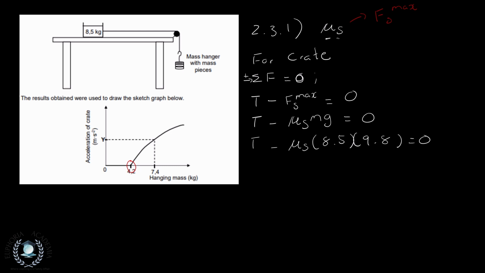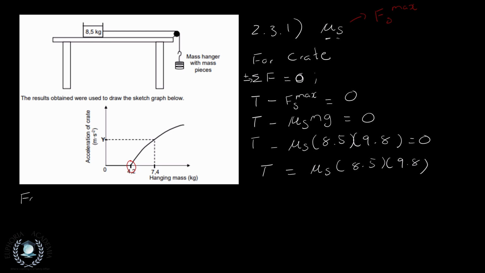We will find that our tension is equal to mu s multiplied by 8.5 times 9.8, which I think is fine. I'll just leave it like that and do the substitutions later. All right, now we have that for the crate.